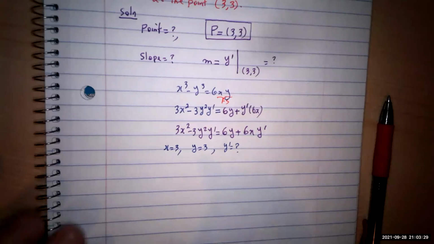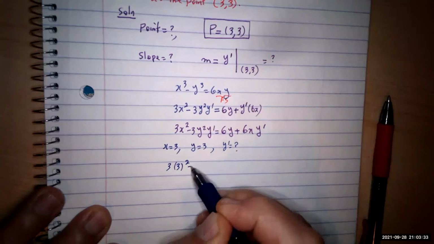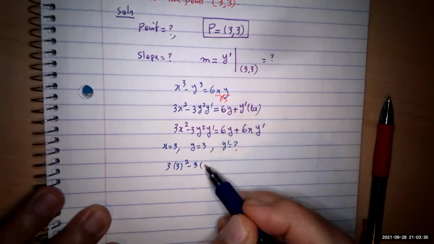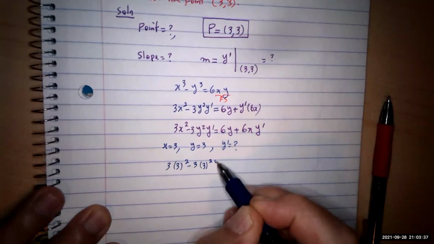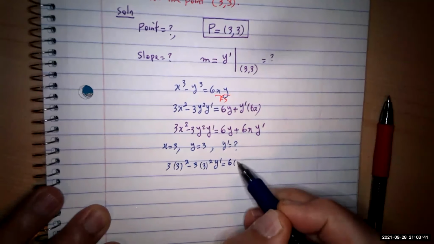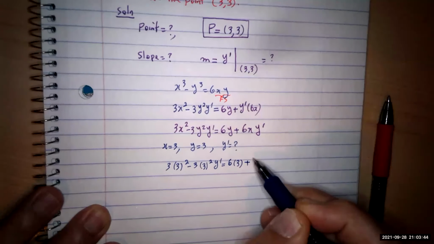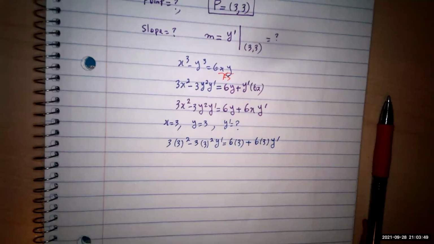So substitute for the x and the y. It's going to be 3 times 3 squared minus 3 times 3 squared times y prime equal to 6 times 3 plus 6 times 3 y prime. Okay, because you want to find the slope.